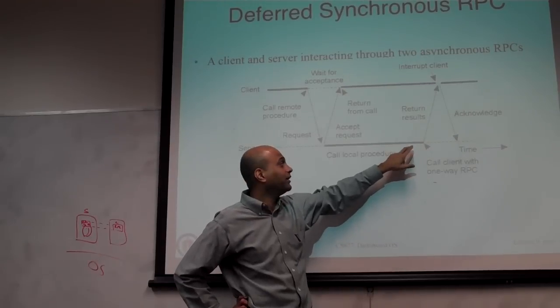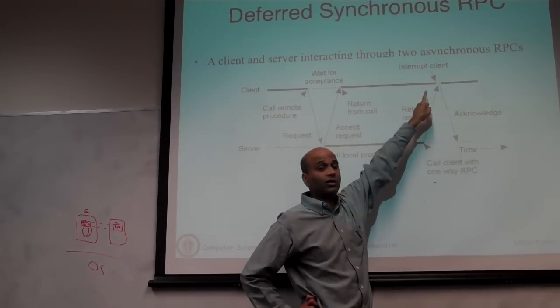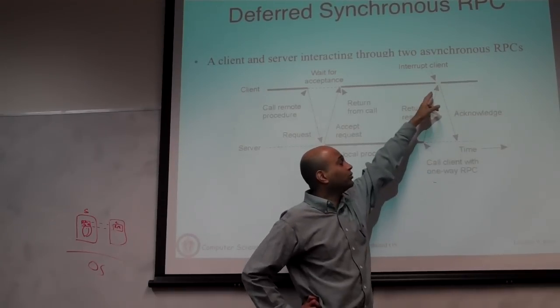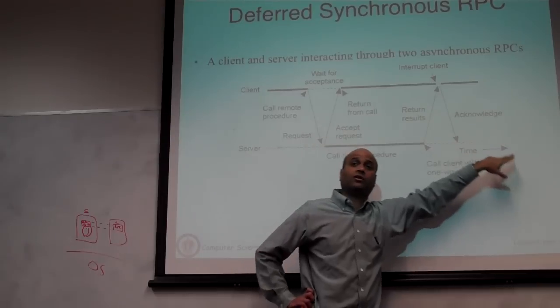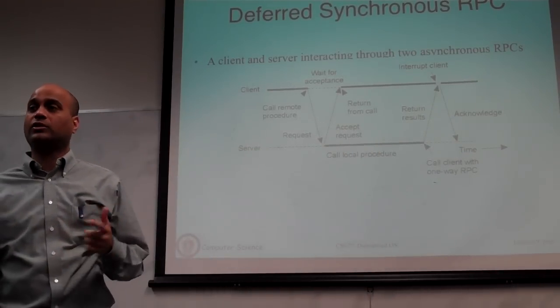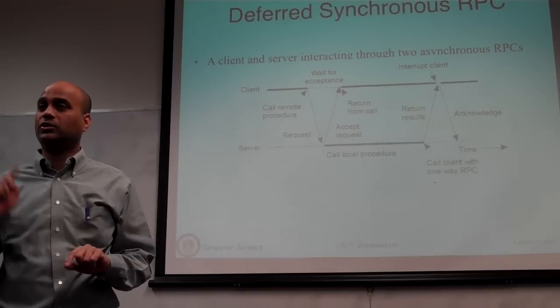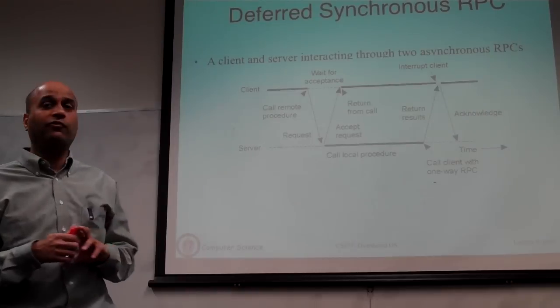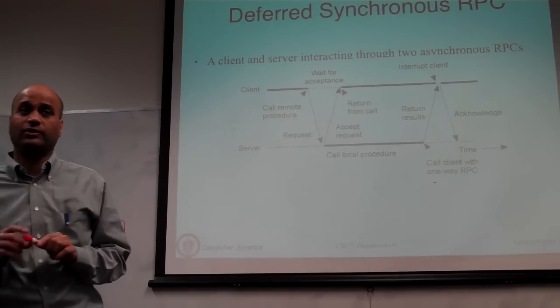When the reply is generated, the reply is actually sent as a reverse RPC request from the server to the client, reverse asynchronous. So you get the reply and then you get an acknowledgement. Okay, and then the server continues execution. So if you have two asynchronous RPCs, one going from the client to the server, the reply going from the server to the client, you have what is called deferred synchronous RPC. The different semantics for your RPC system.